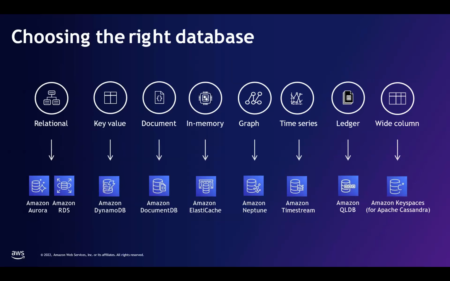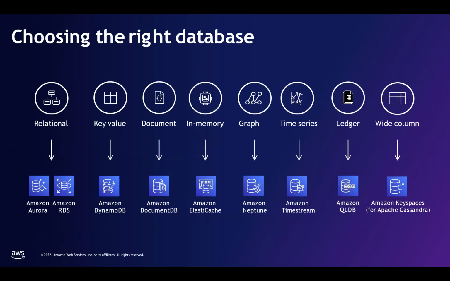Similarly, there are different databases available with AWS, and you need to figure out which database is right for you. Amazon is offering a variety of databases optimized for different data models like key value, document, graph.